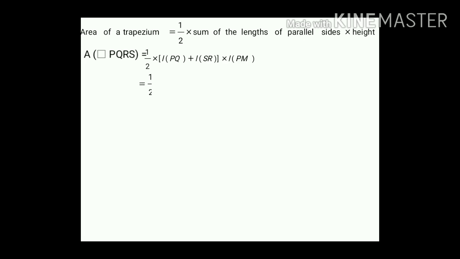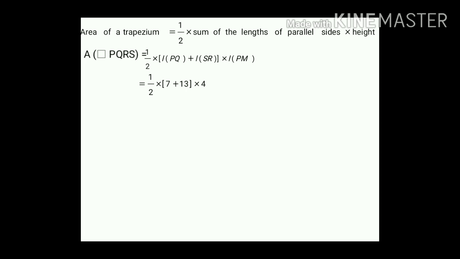Area of a trapezium equal to half into sum of the lengths of parallel sides into height, children. Area of quadrilateral PQRS equal to half into length PQ plus length SR into length PM. PQ is, children, 7, SR is 13 and PM is 4.